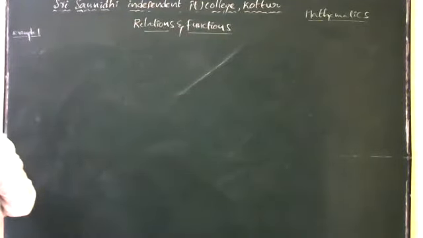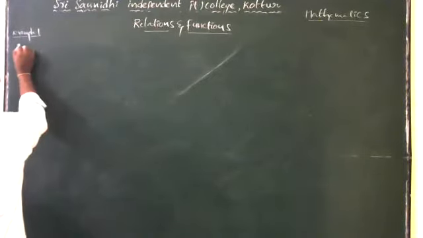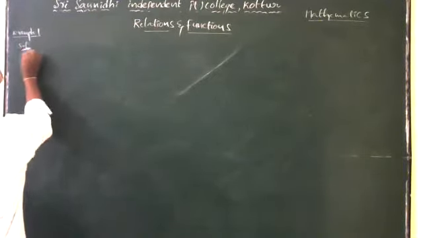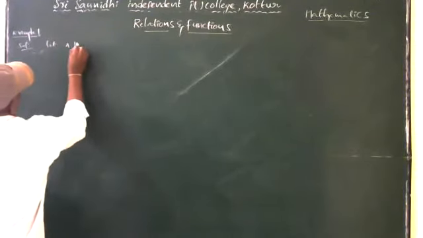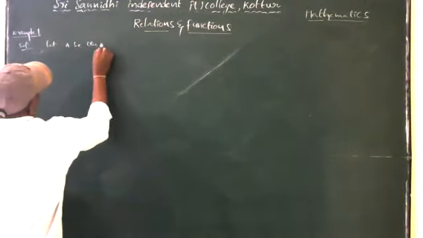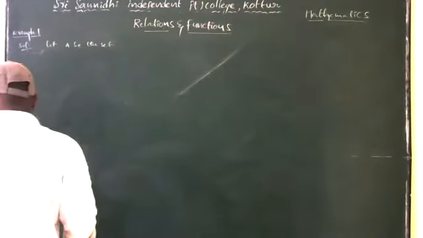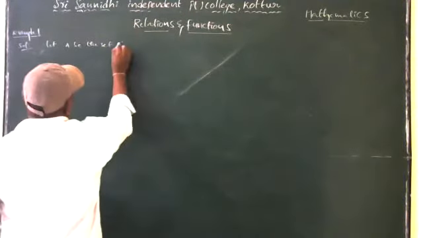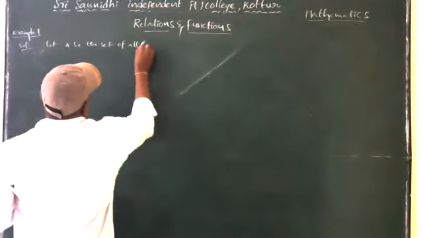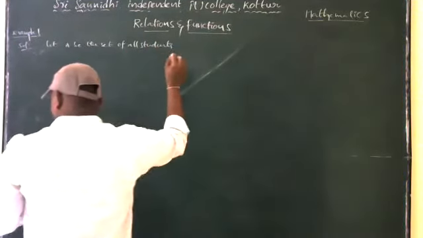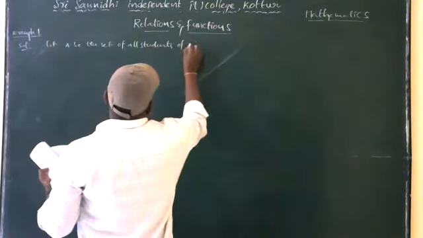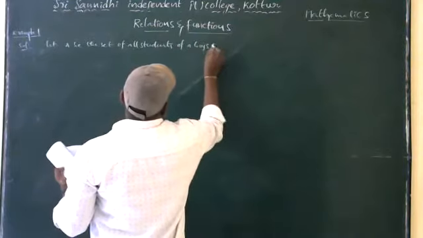Let capital A be the set of all students of a boys' school. Given that, see the solution directly here. Let capital A be the set of all students of a boys' school.